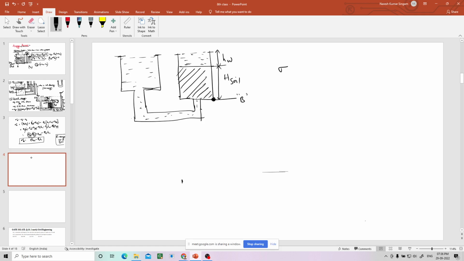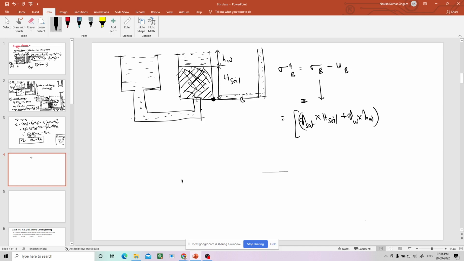the effective stress at B, sigma dash at B, is the total stress minus UB. So how to find UB? I'll take a tube and put it here. Up to where will water go? At this point, of course. So this height is nothing but H soil plus HW, and the total stress above B is gamma sat into H soil, and above that there is water also, gamma W into HW.